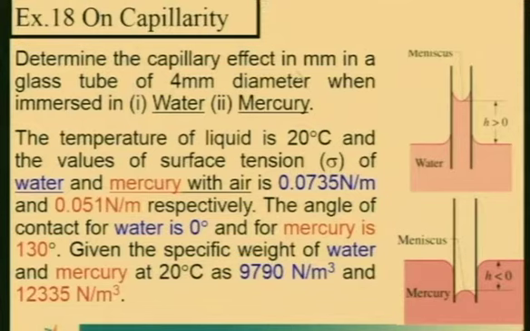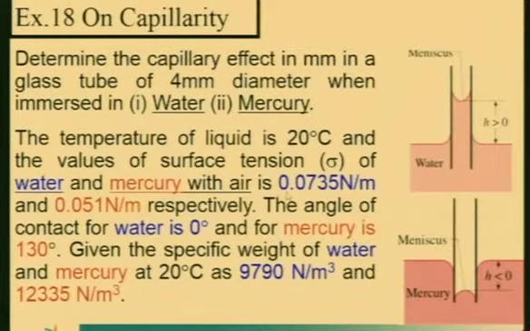Determine the capillary effect in mm in a glass tube of 4 mm diameter when immersed first in water, second in mercury. Temperature of the liquid is 20 degrees centigrade and the values of surface tension for water and air is given as 0.0735 Newton per meter and for mercury and air 0.051 Newton per meter respectively.